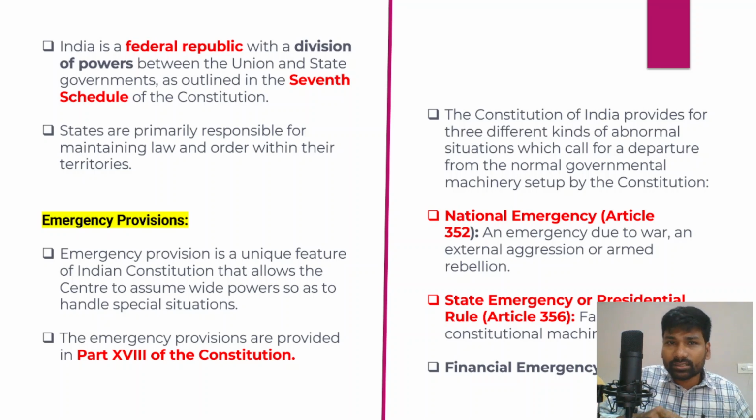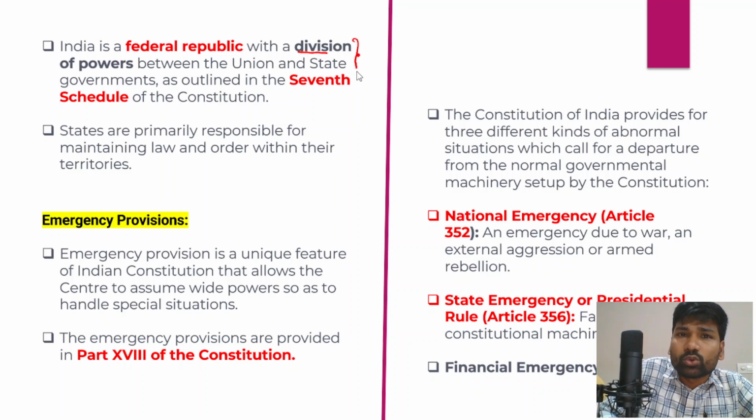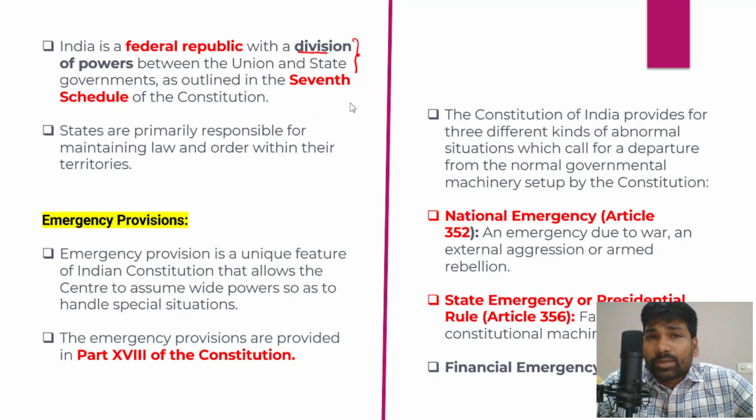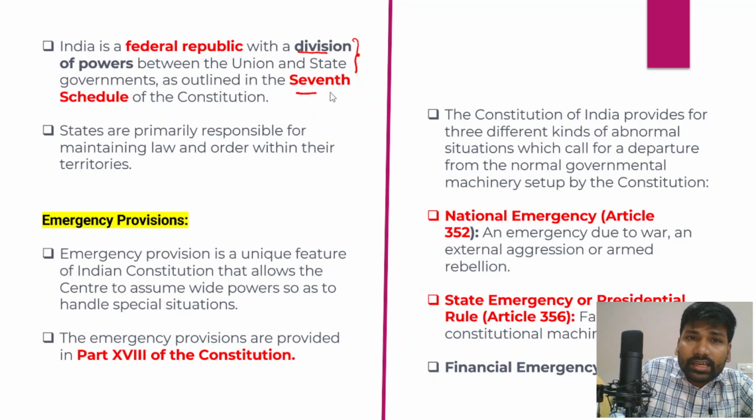In fact, in the federation provided by the Indian Constitution, there is a proper division of powers between the union government and the respective state governments, and this division of powers has been provided by the Constitution, particularly in the 7th schedule of the Indian Constitution.